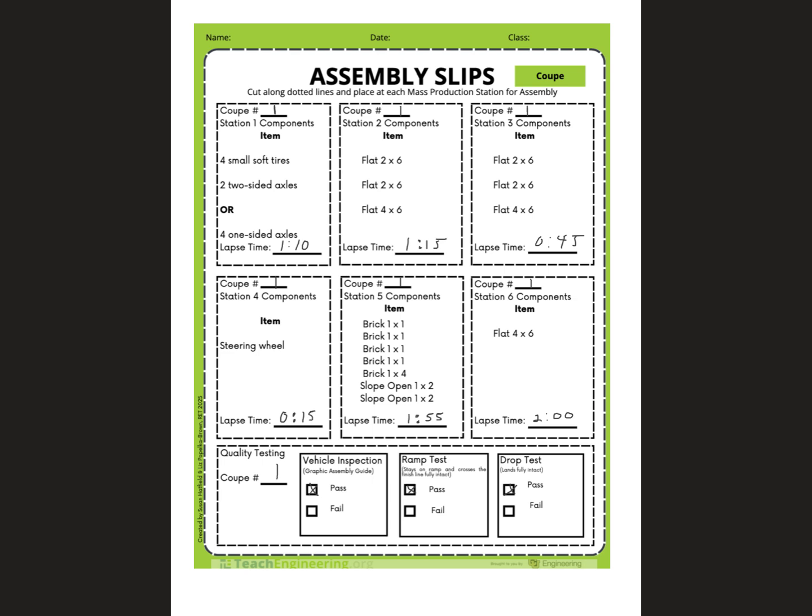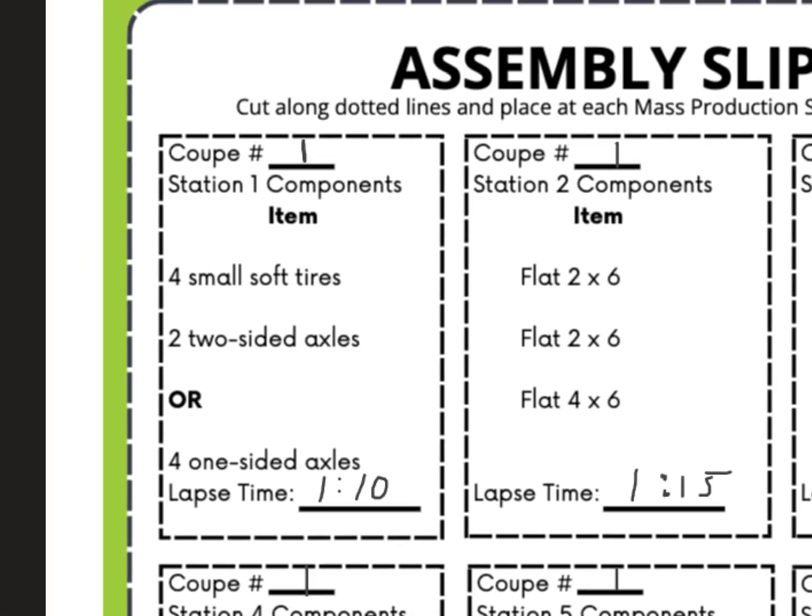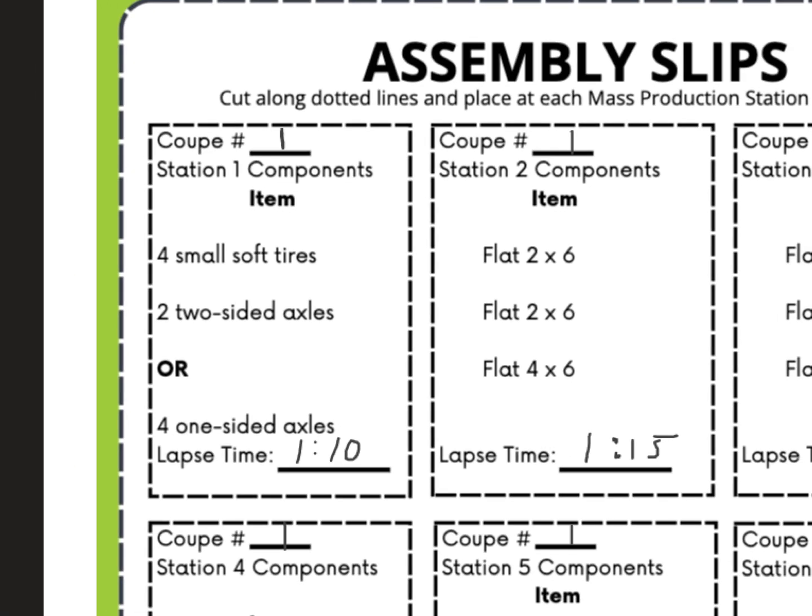And recall from the directions that each of these little individual slips should be cut out, and there should be a stack of slips that corresponds to the station that goes with that part of the car being built. So, for example, if you were the person in charge of building the wheels, you would have a stack of slips that are just related to station 1.